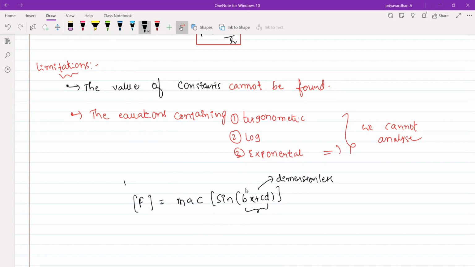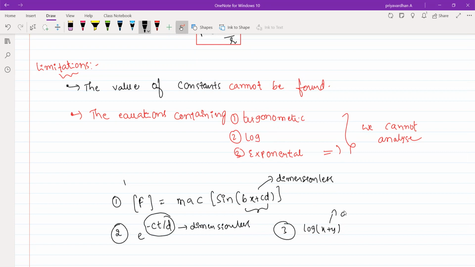We'll try to solve some sums based on these examples too. Even if you have an equation like e power minus ct divided by d, this entire quantity minus ct by d is dimensionless. As well as logarithmic quantities, assume log of x plus y. X plus y is dimensionless. These quantities can never be analyzed.